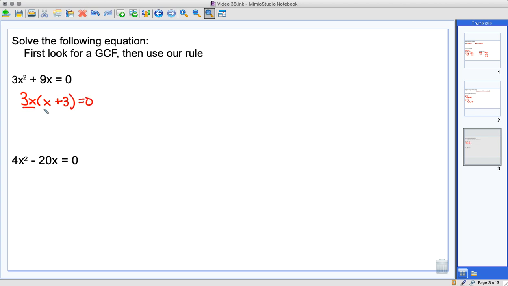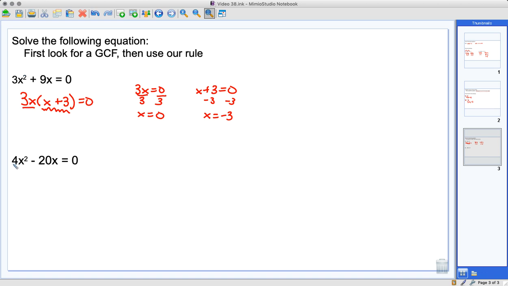So this is my a, that's my b, so either 3x equals 0 or x plus 3 equals 0. We divide that first one by 3, x equals 0. Subtract 3 for the second one, we get x equals negative 3. So 0 or negative 3 are our solutions to this equation, and we solved it.